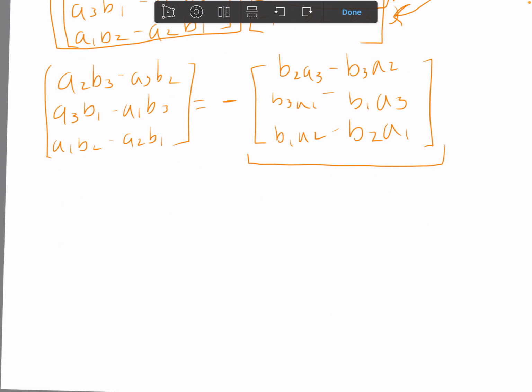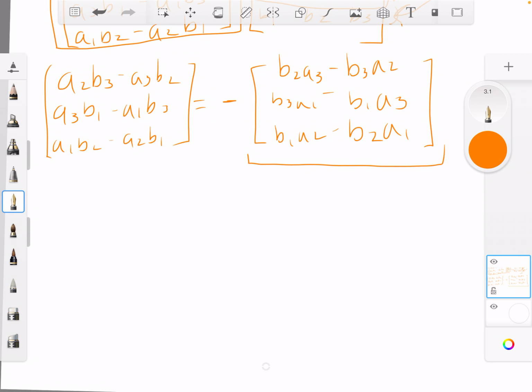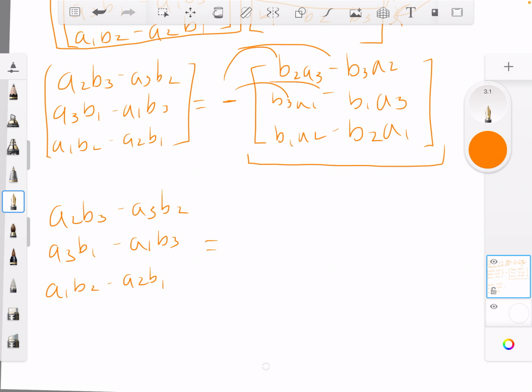So now let's give ourselves some space. Okay. The left side, there's not much that we can do. So I'm just going to rewrite this down here. But on the right side, we have this weird negative that's just kind of chilling. So we're going to have to end up actually distributing this negative to everything.